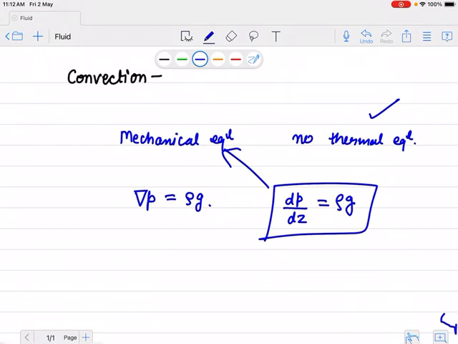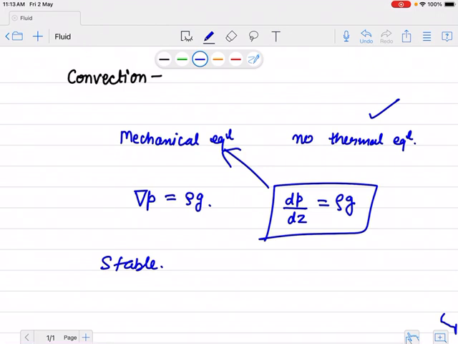But the question arises of the stability of such an equilibrium. We know that the equilibrium is stable only when certain conditions are fulfilled; otherwise the system will be unstable. Due to this, there is some kind of mixing in the fluid, which tries to equalize the temperature, meaning the system wants to be in thermal equilibrium.